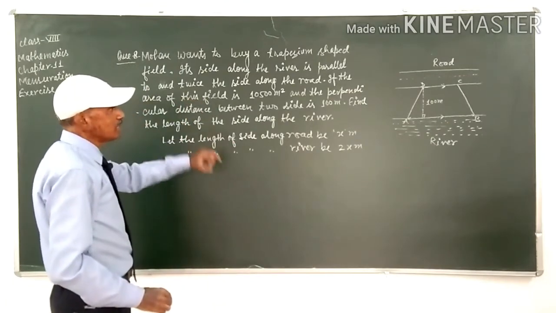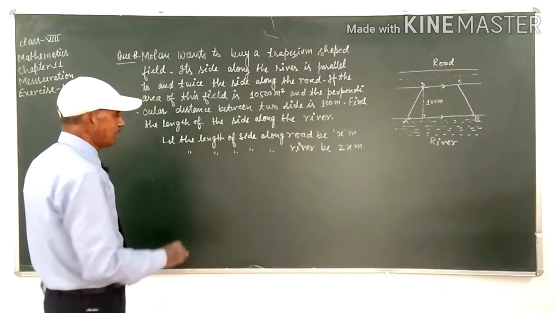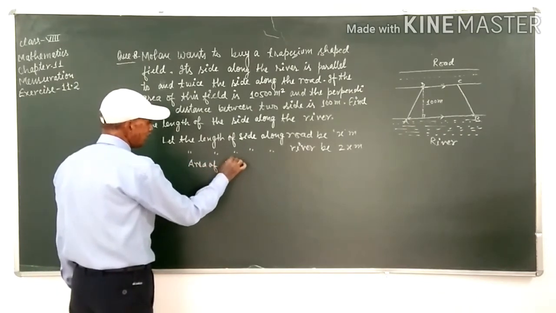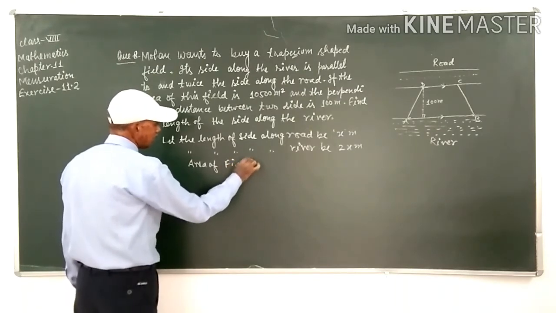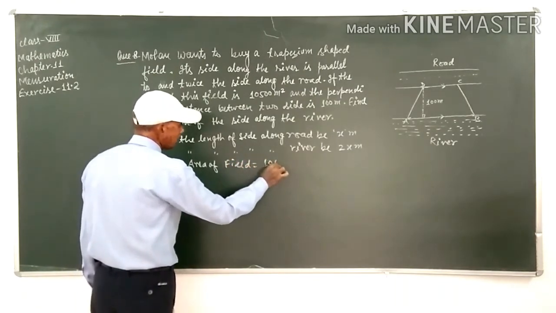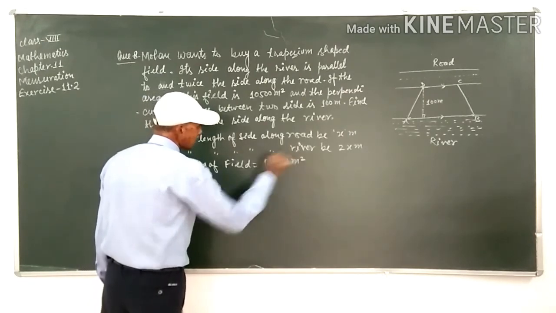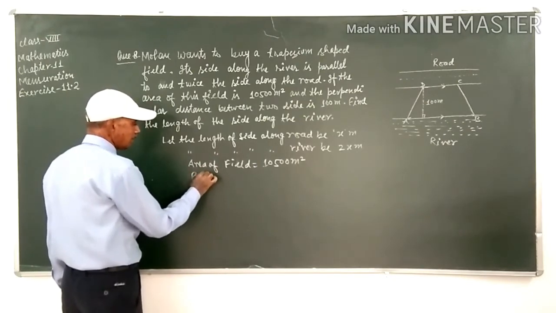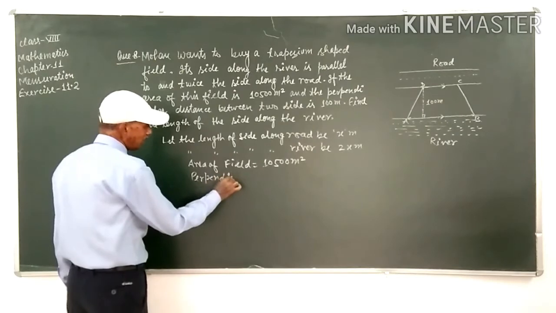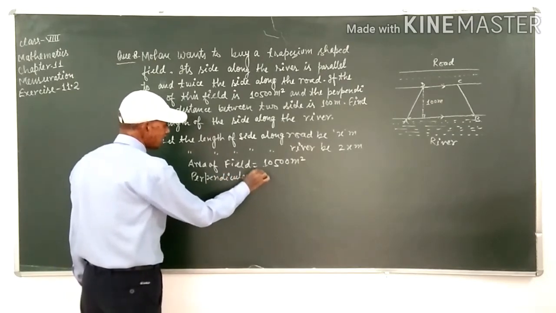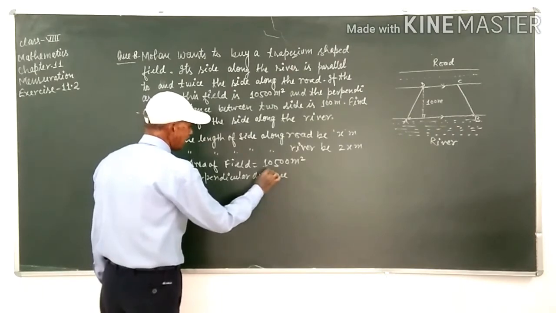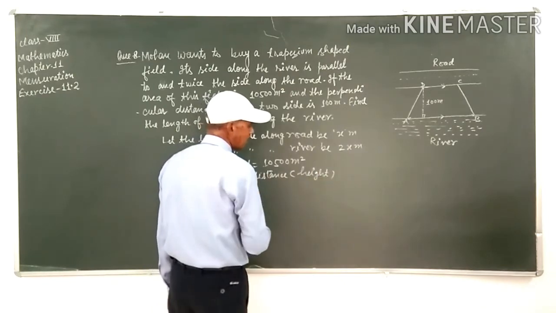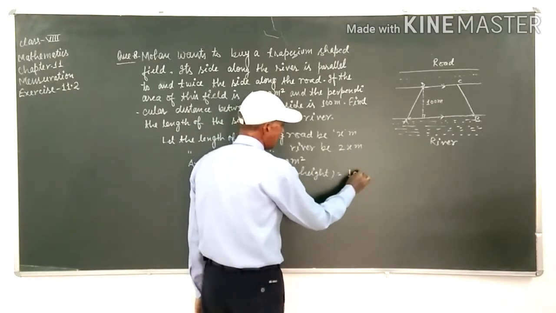And the area of this total trapezium shaped field is given. Area of field is equal to 10,500 meter square and perpendicular distance, that is height student, it is also given, that is 100 meter.